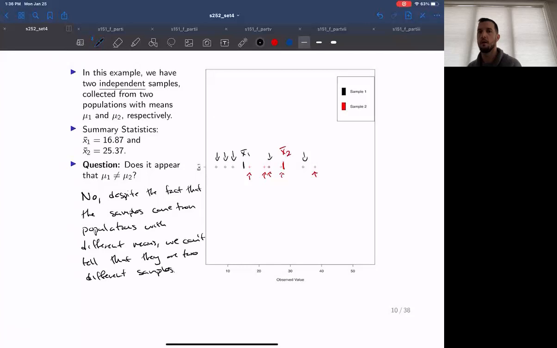Okay. Now, if it isn't clear to you why you can't tell they're different samples, imagine there wasn't a color coding and every symbol was the same symbol and they were all the same color.